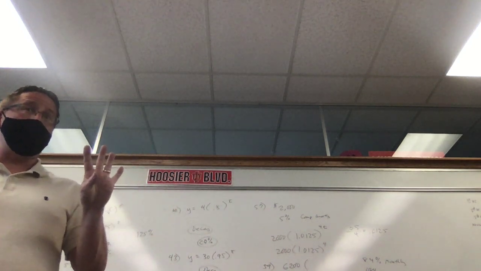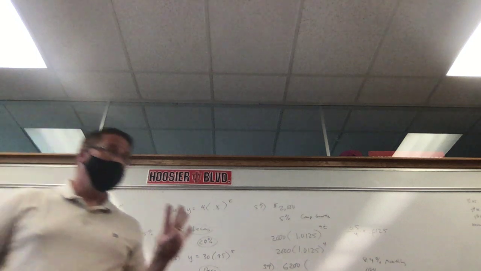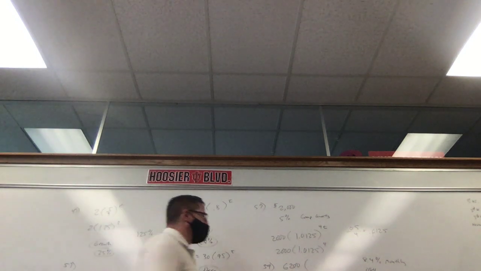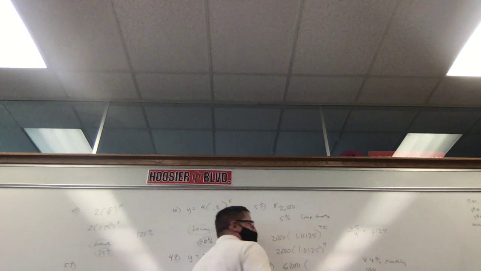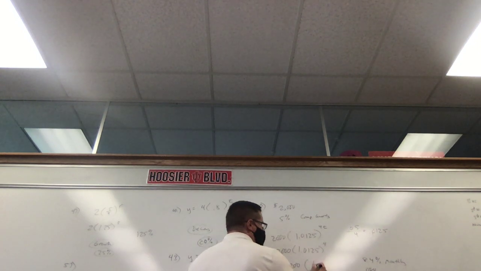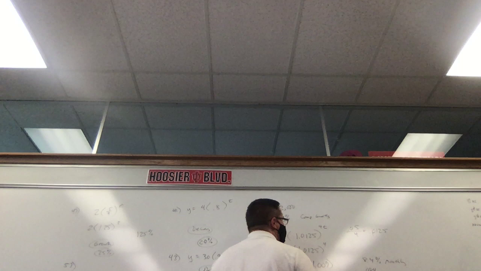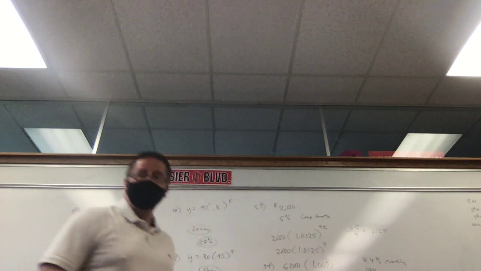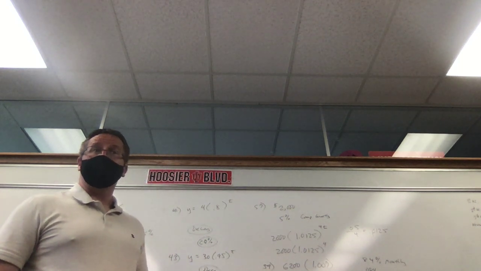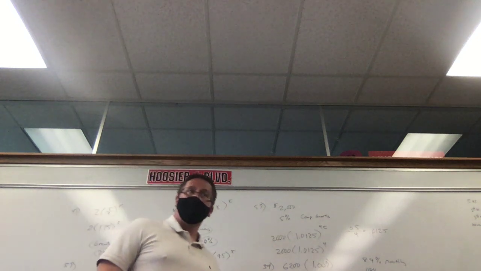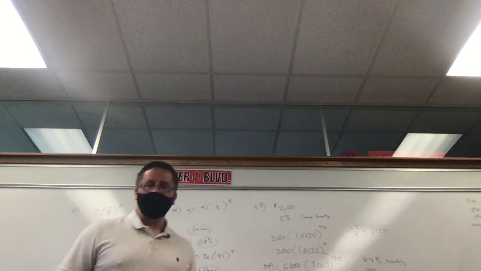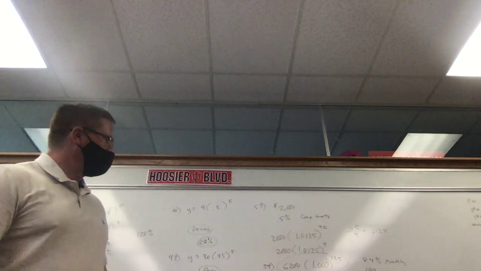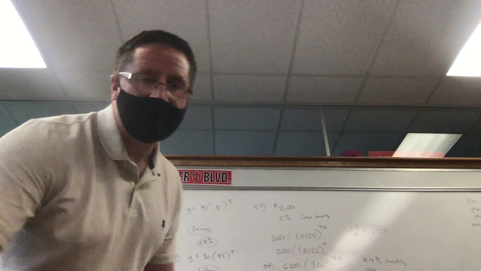So divide by 12, why? There are 12 months in a year. Do that, you get 0.007. But you have 100% of your money, so it's 1.007 to the, and it's not going to be 4 times t this time. How many times per year? 12. So 12t. And that's all they ask us to do. We could actually plug it in to find out how much money you'd have after a certain amount of years, but that's not what they're asking for.